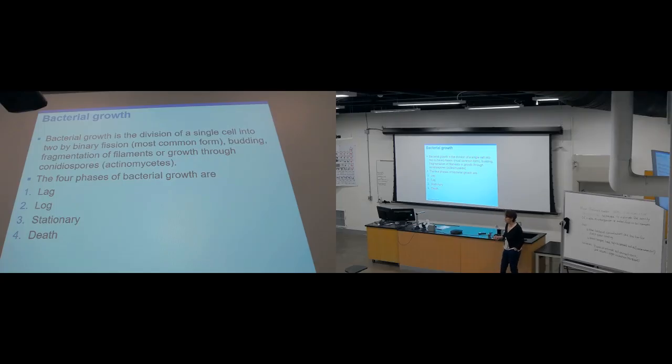And remember that bacteria have different types of growth, and they populate a sample, for instance, so they can create colonies. And then they divide through binary fission, fragmentation, budding, or through release of structures that we call conidiospores.